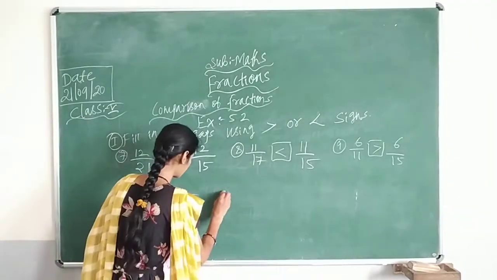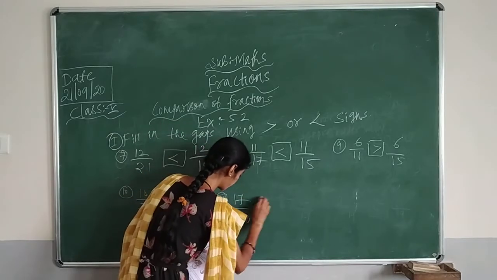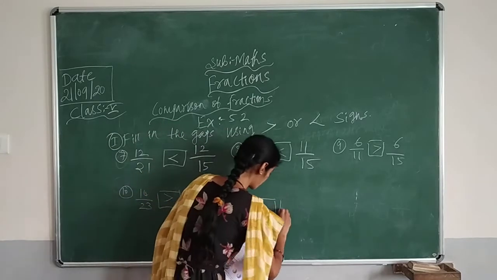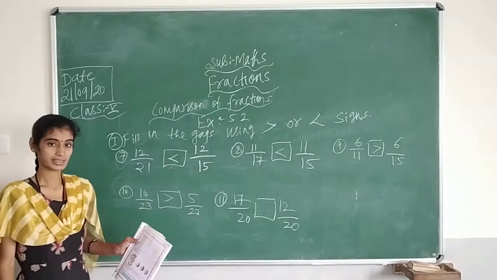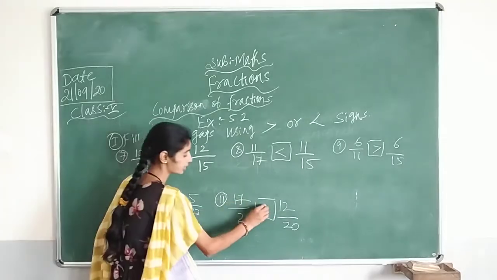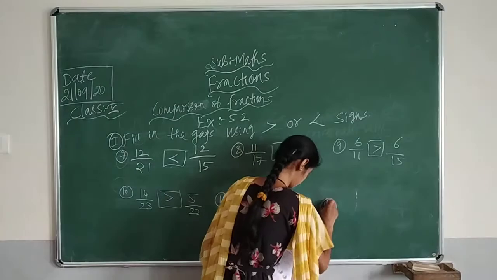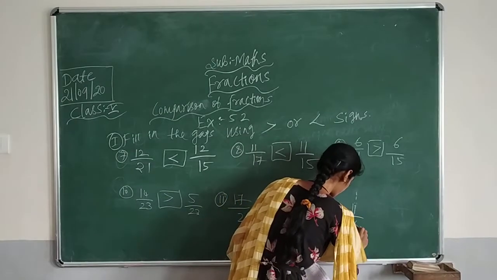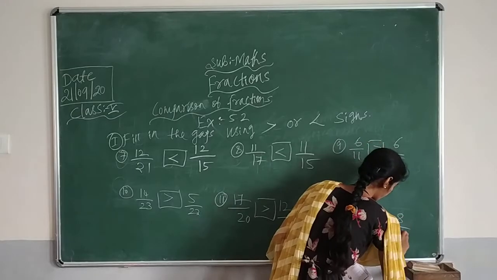Okay. Then 11th question. So 17 by 20 and 12 by 20. So again same children, 17 and 12 you have to compare. 17 is the greatest. Okay. Then last question. So 11 by 15 and 8 by 15.